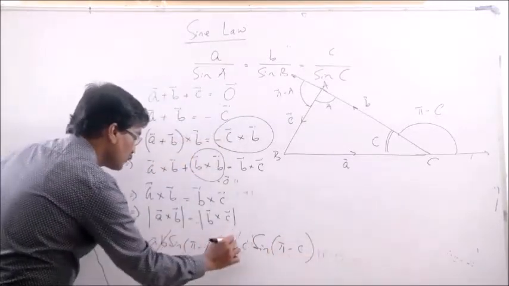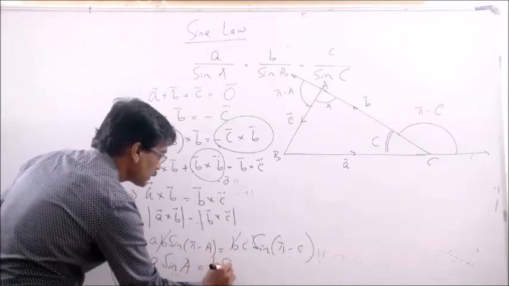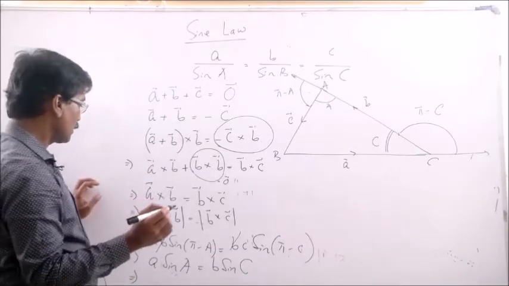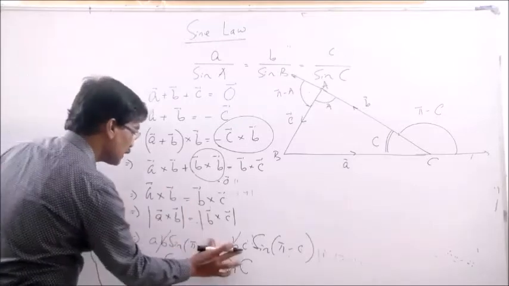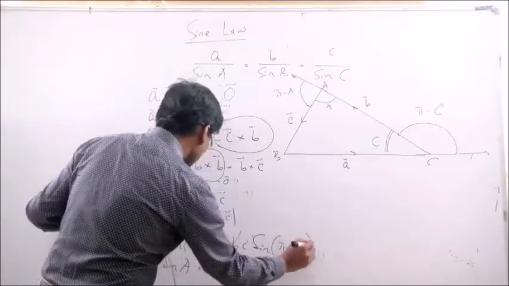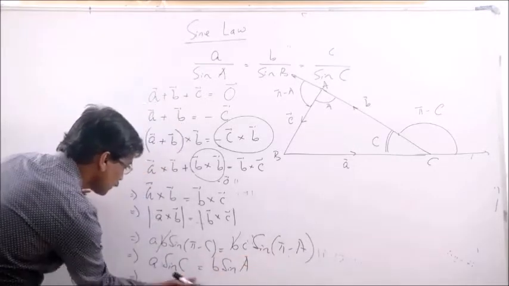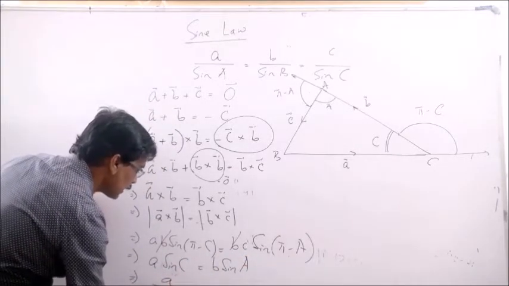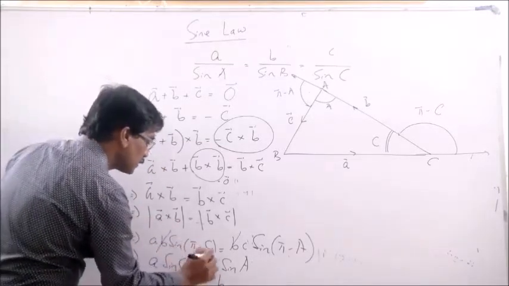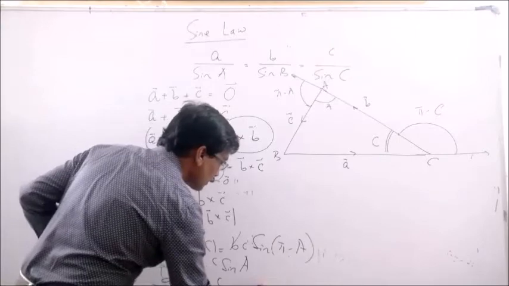So b cancels out both sides. So this implies a sin A is equal to c sin C, that is, a sin C is equal to c sin A. So a by sin A is equal to c by sin C. So this is equation 1.